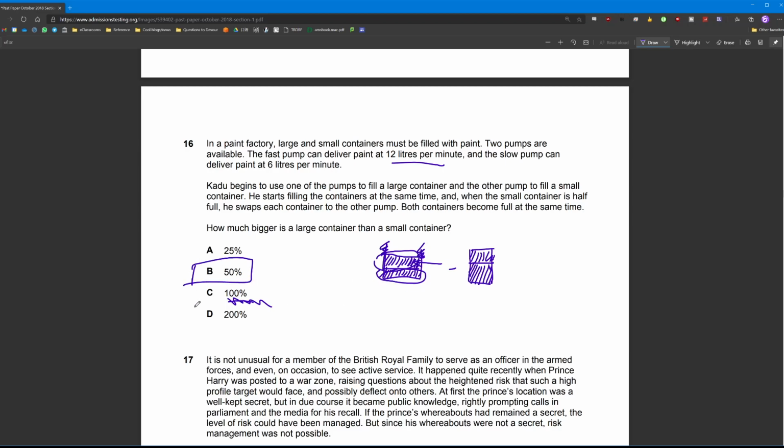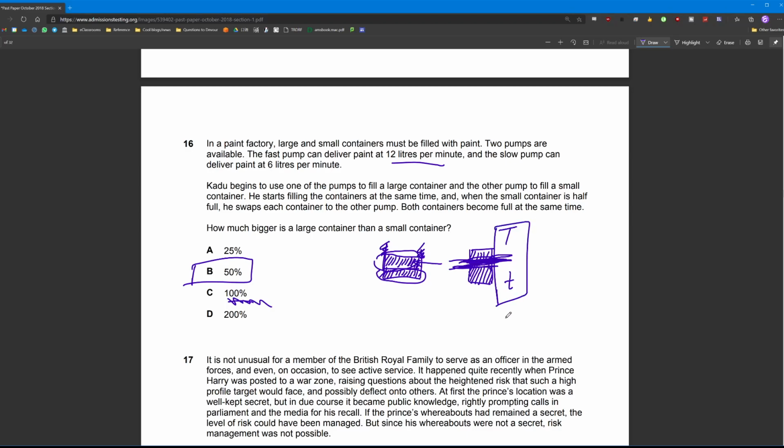So it wasn't 100%. The main thing to keep in mind is that this is true because the restriction that you swap the containers when the small container is half full rather than after any amount of time ensures that you have as much time as it takes for the small pump to fill half a small container plus as much time as it takes for the fast pump to fill half of the small container, and this amount of time is constant.